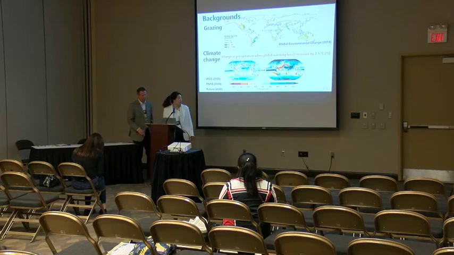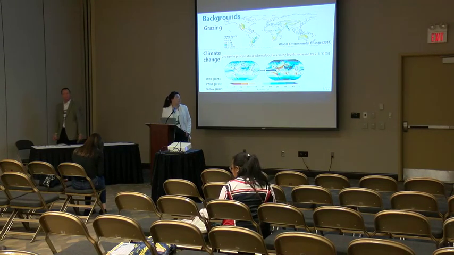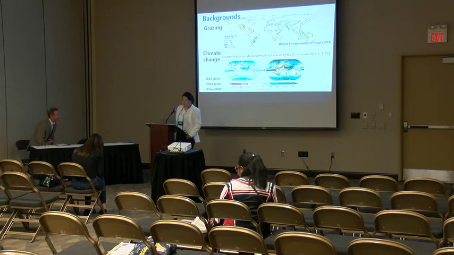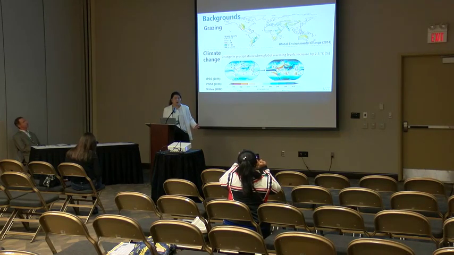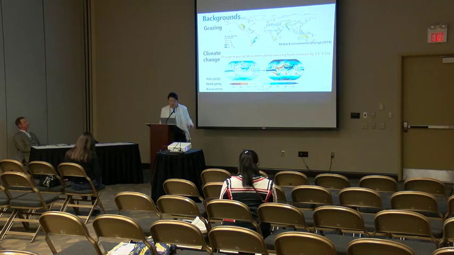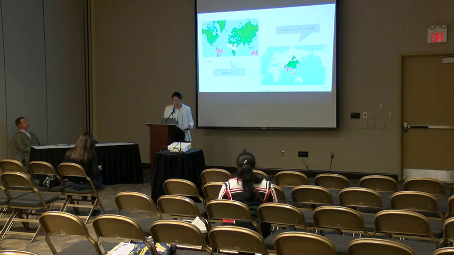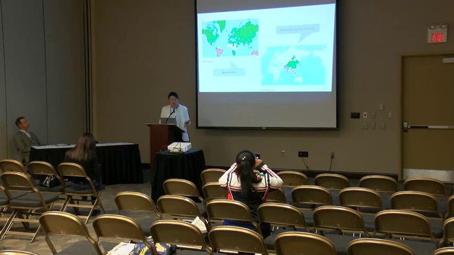As we all know, grazing is one of the most intensive activities around the world. The world is getting warmer, the dry places may get drier, the wetter places may get wetter, and precipitation variability will change a lot. So grazing and precipitation change will also affect the phenology and morphology of plants.